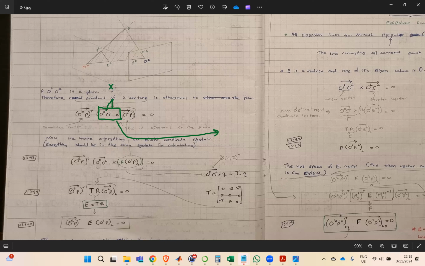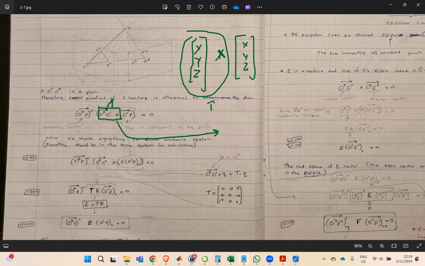It's a vector, X, Y, Z. And what's the other one? The cross product and O_L P. That is also a vector, right? X, Y, Z. We said if there are two vectors and there's a cross product in the middle, the first part, all across these, we can replace with the T matrix. You guys remember or no?